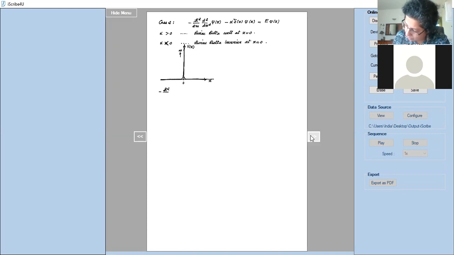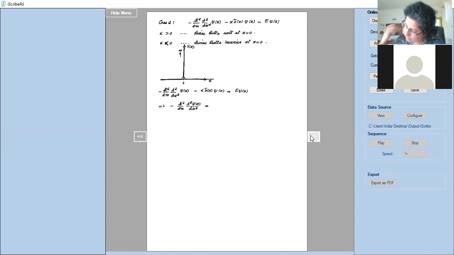So you have ħ² by 2m d²/dx² psi of x, is equal to, so minus alpha delta x psi of x, correct, is equal to E psi of x. So what I'm going to do now, I'm just going to write this differently. Okay, so I'll take it on to the other side.